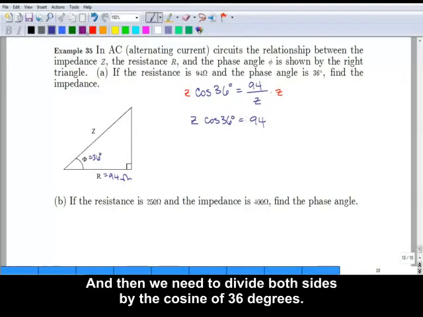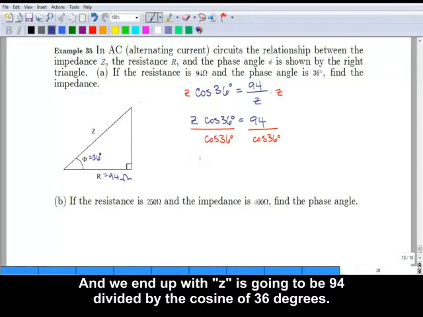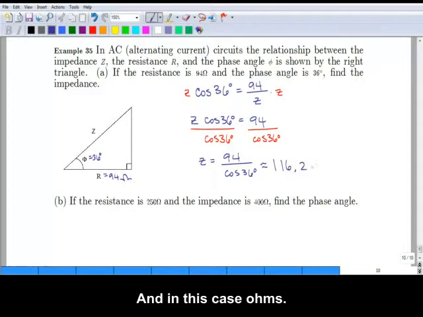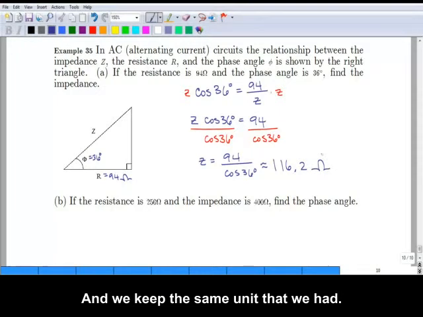And then we need to divide both sides by the cosine of 36 degrees. And we end up with Z is going to be 94 divided by the cosine of 36 degrees, which comes out to approximately 116.2, and in this case, ohms. I'm going to keep the same unit that we had.